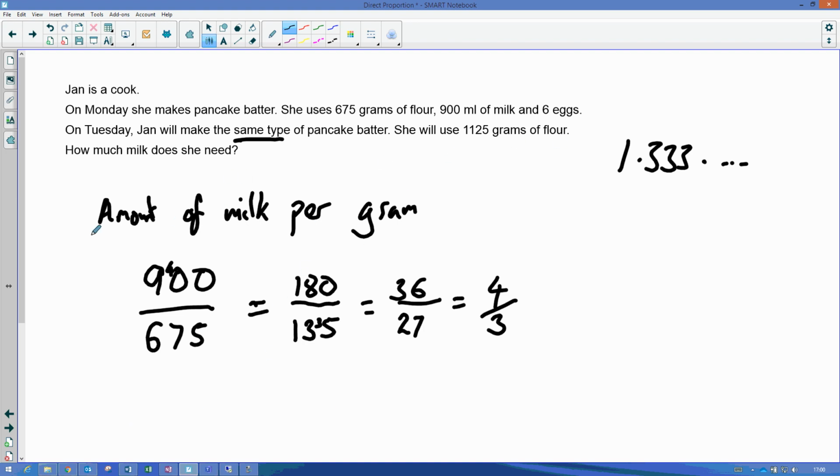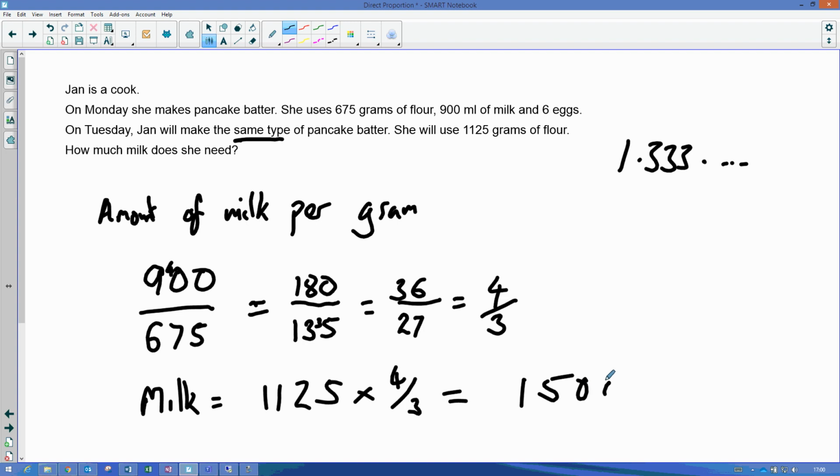And I'm nearly there now. I now know my amount of milk per gram, 4 over 3. And I know the number of grams I've got. So the amount of milk I need, or Jan needs, is the number of grams she's going to use times this number. And if you work that out, you'll find it comes to 1,500.